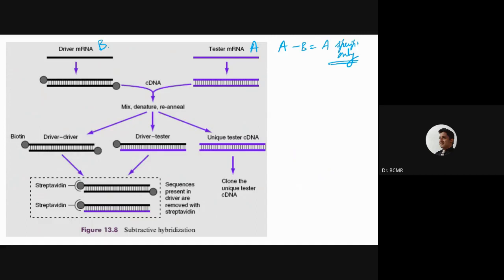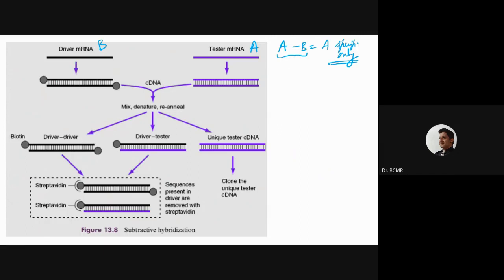I'm trying to find the difference between these two, which RNA are produced or transcribed. I'll put it like this: the transcriptomic difference between A and B is a subtractive library. If you have made a library of clones of that, then you'll do something like that.